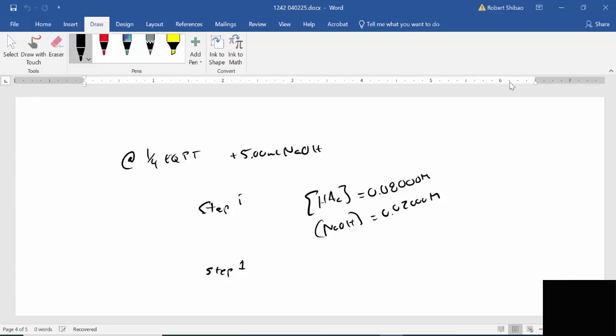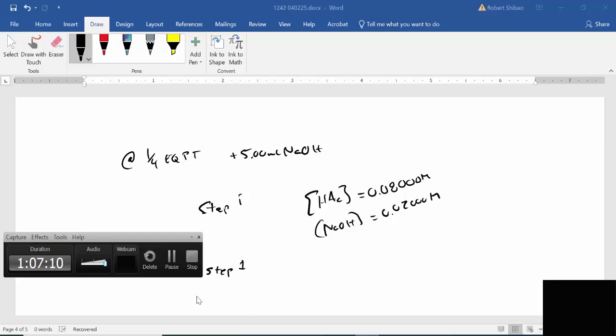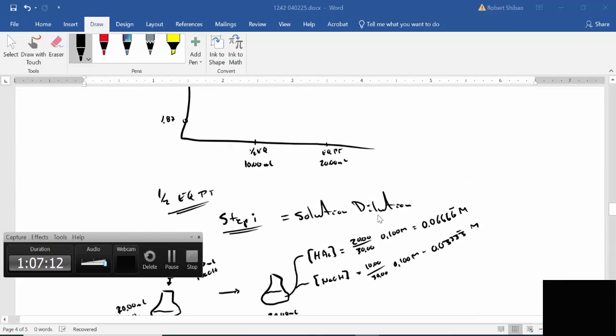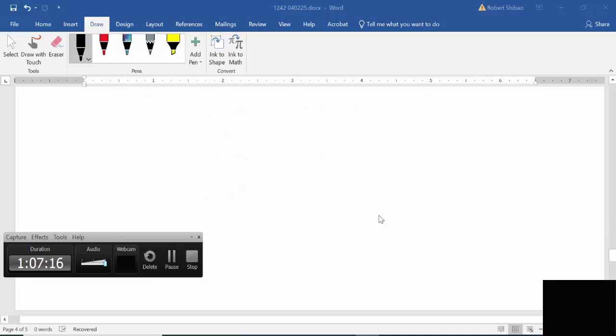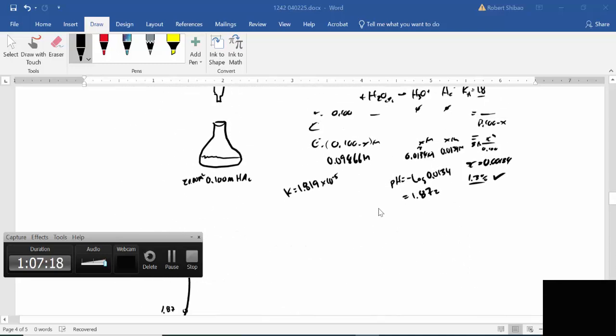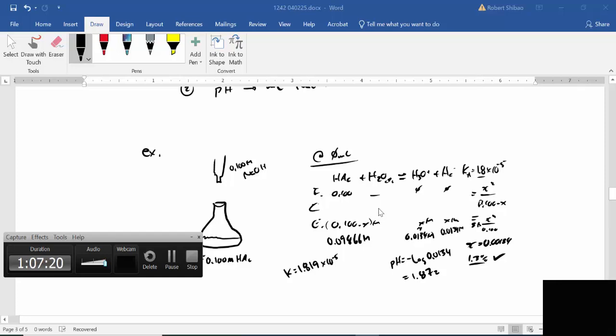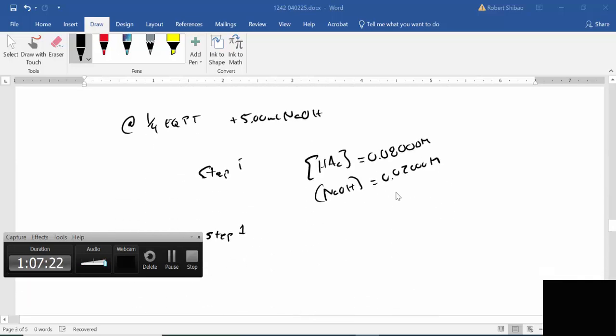And what is the K value for step 1? What is step 1? I lost my earlier work. I had step 1 here, but it's gone when Word crashed.